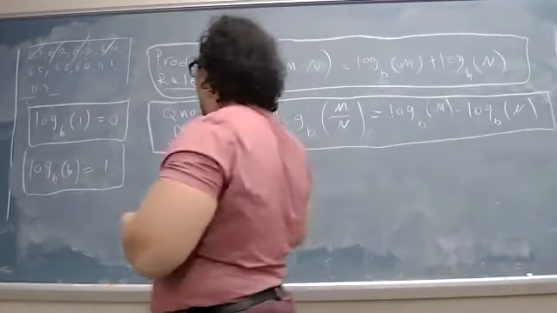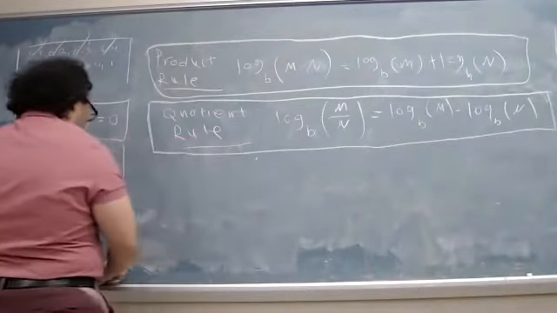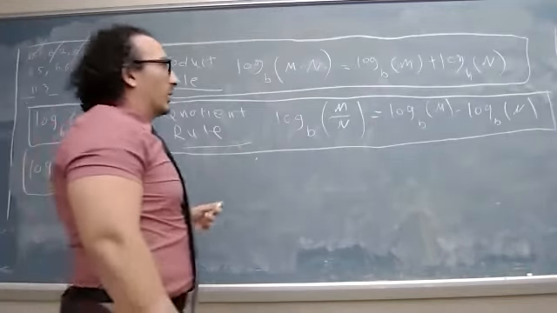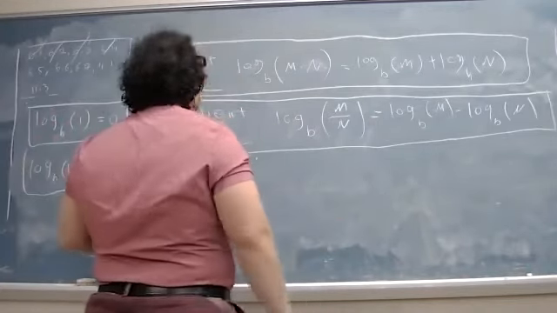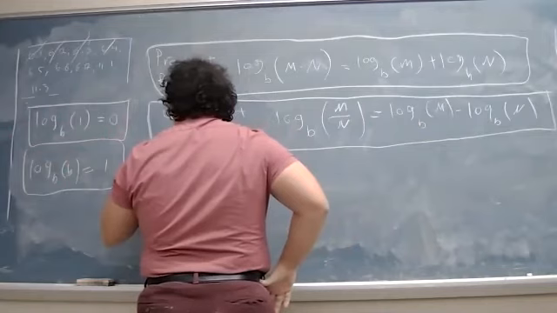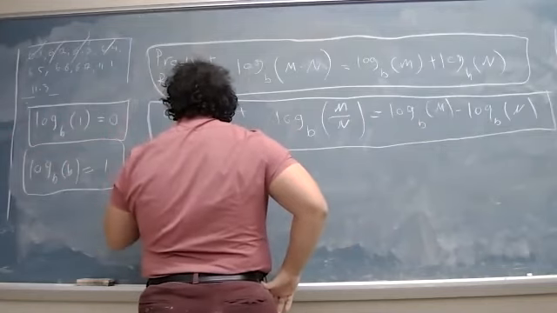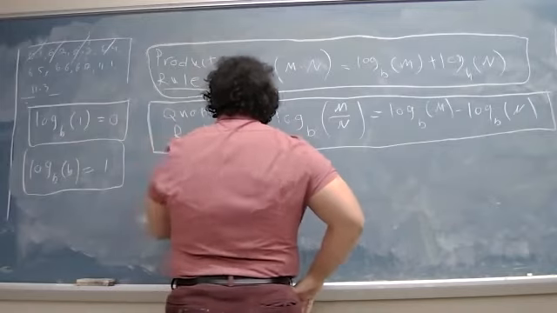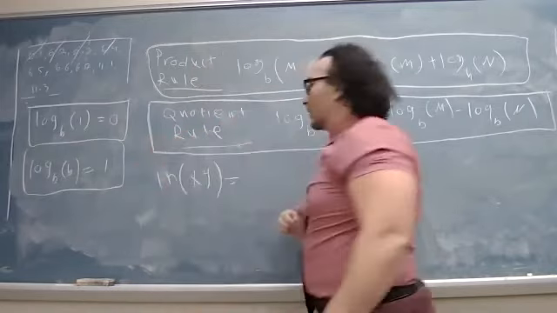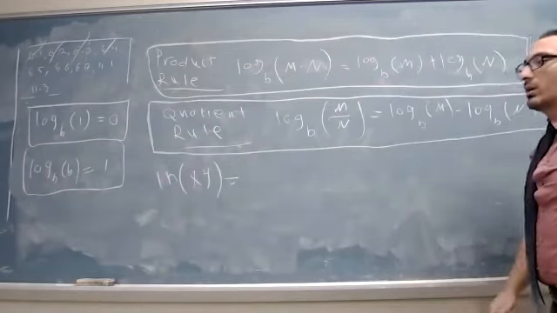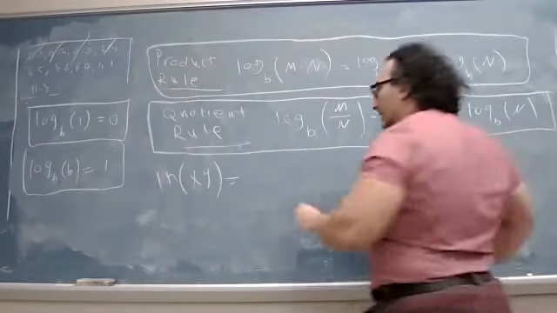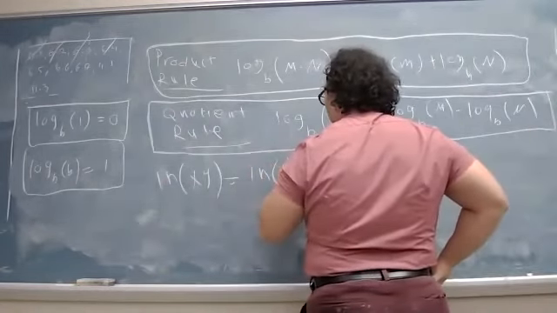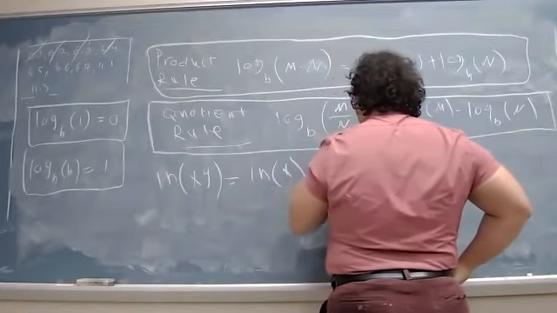So, what? Like, how can we use this? So, what about I take the ln, the natural log of xy? What does that equal? Well, by the product rule, the natural log of xy is the same thing as the natural log of x plus the natural log of y.